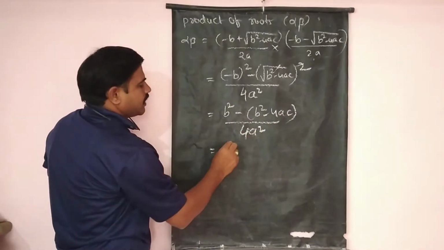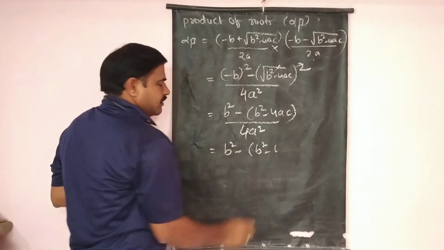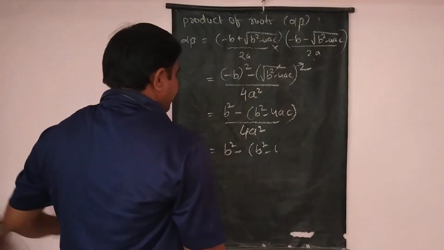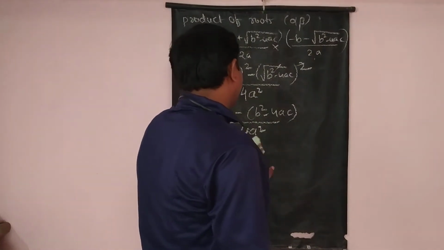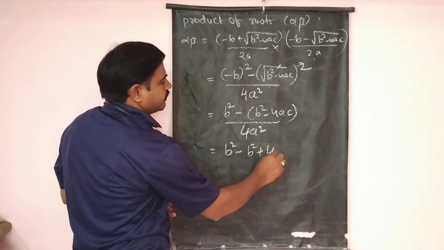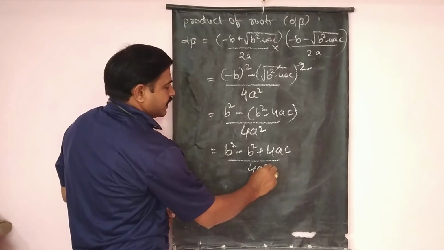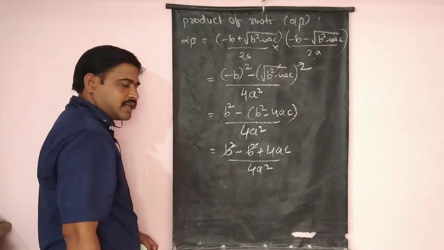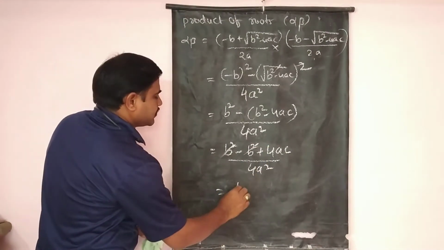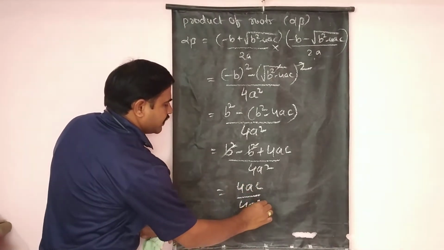So b square minus, multiplying the minus with b square minus 4ac: b square minus b square, and minus into minus is plus 4ac, divided by 4a square. B square gets cancelled. The remaining term is 4ac divided by 4a square.